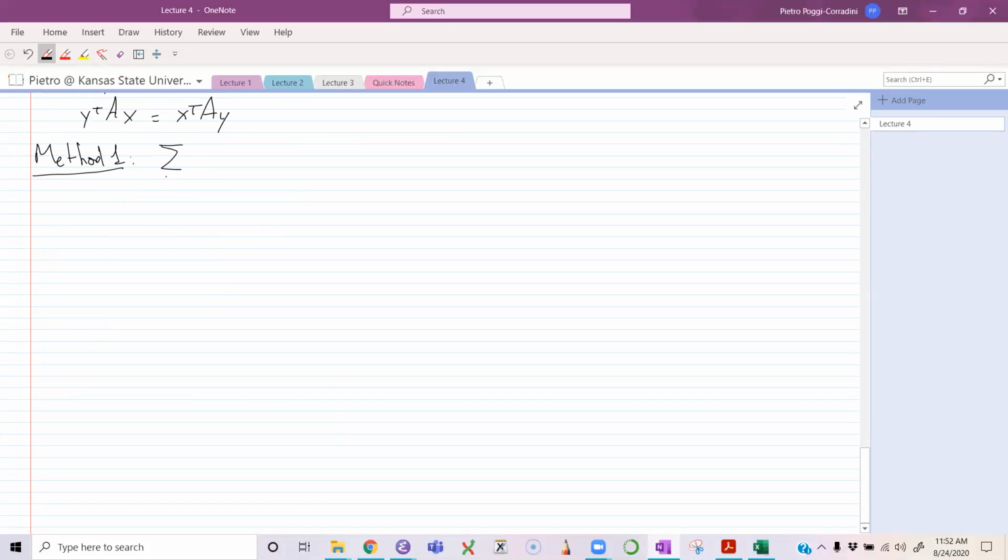Something like this, sum over i, j, y_i, a_ij, x_j. And then use the any-order property for multiplication. You can move this around.